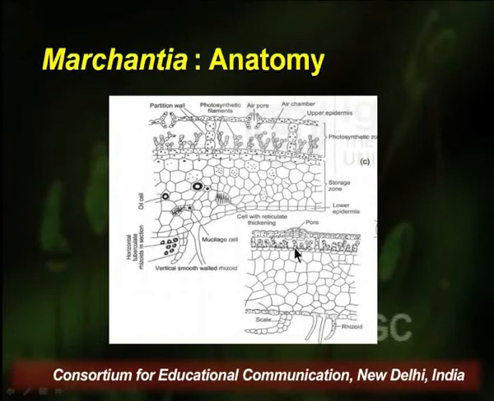The two different types of rhizoids perform almost similar functions, but the tuberculate rhizoid is supposed to absorb more water, as the invagination of the plasma membrane in the tuberculate rhizoid makes the surface area larger. Also, from the lower epidermis arise scales which are multicellular in nature.